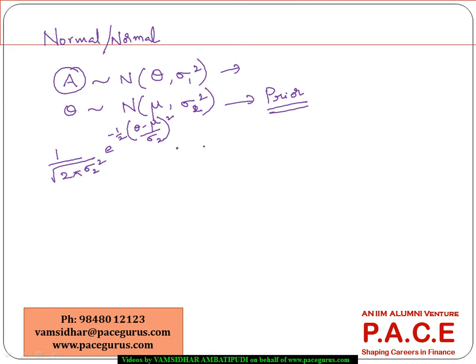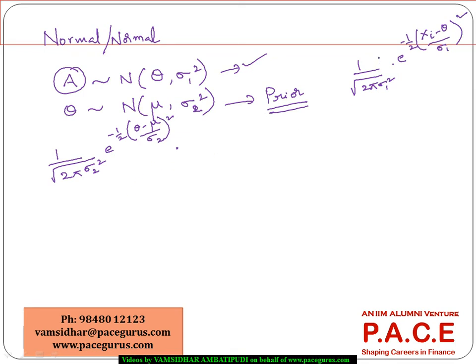This is of the prior, and when I'm looking at the likelihood of the original data, this is coming out as 1 by square root of 2 pi sigma 1 squared e to the power of minus half x i minus theta by sigma 1 whole square.